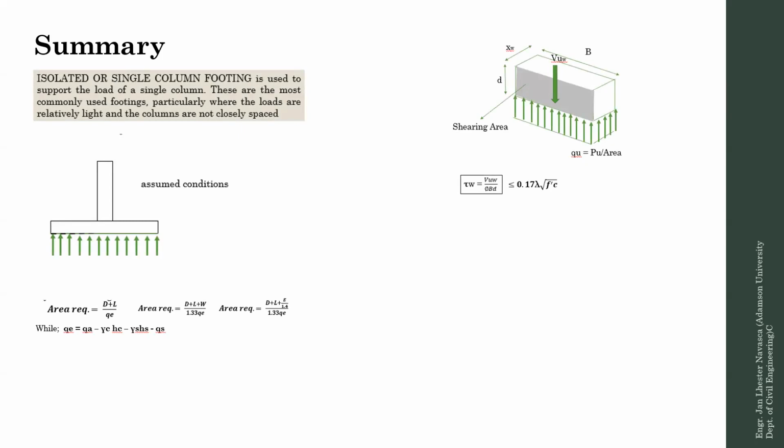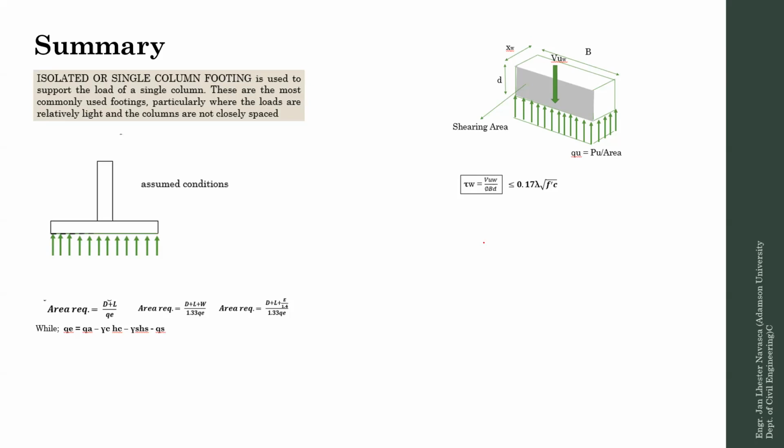The one-way shear, which is equivalent to this one, should be less than or equal to the capacity of your concrete, which is 0.17 lambda square root of f'c, whereas your Vu sub w comes from the assumption that your soil pressure is rectangular below or uniform in pressure.